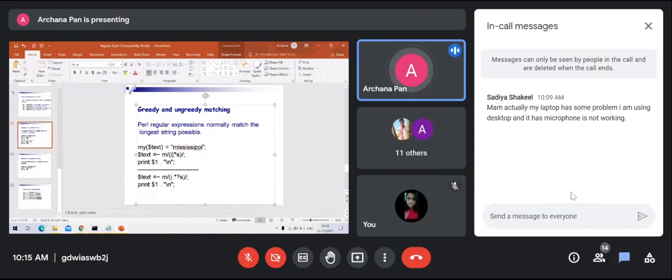So one I, dot asterisk, and S. This is one multiplier, and when the star is followed by a question mark, it will change the behavior of this one. Let me run this one.